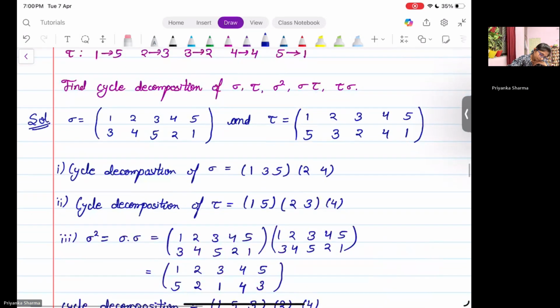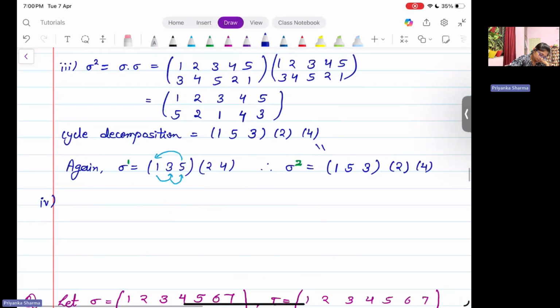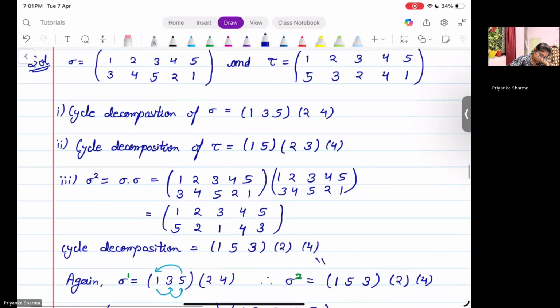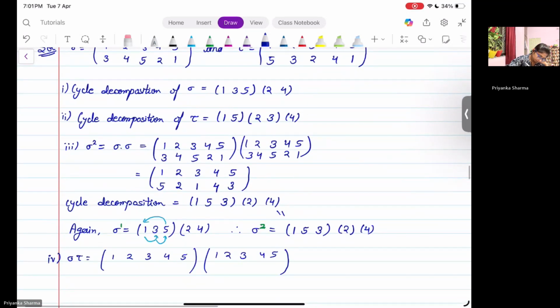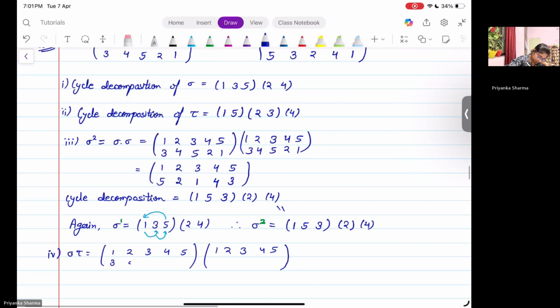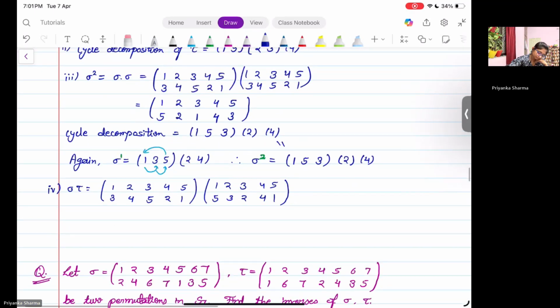Okay, sigma tau, that is 3, 4, 5, 2, 1, and here we will have 5, 3, 2, 4, and 1.